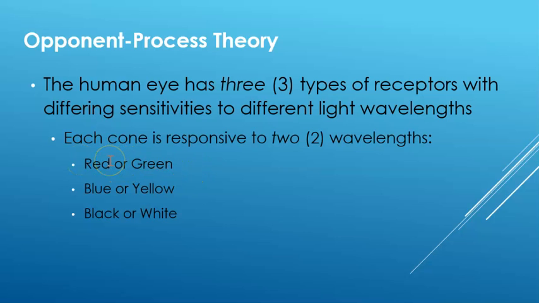So it's like a switch. It's either red or green. It's never both. And same with blue or yellow. It's a switch, so that cone's either tuned into blue or yellow, but it doesn't see both. And then same with black or white.